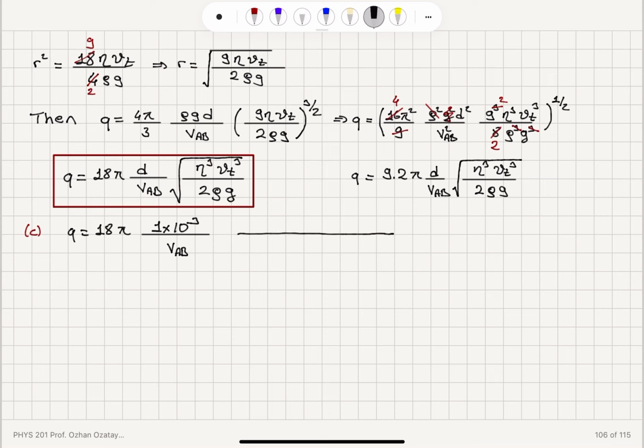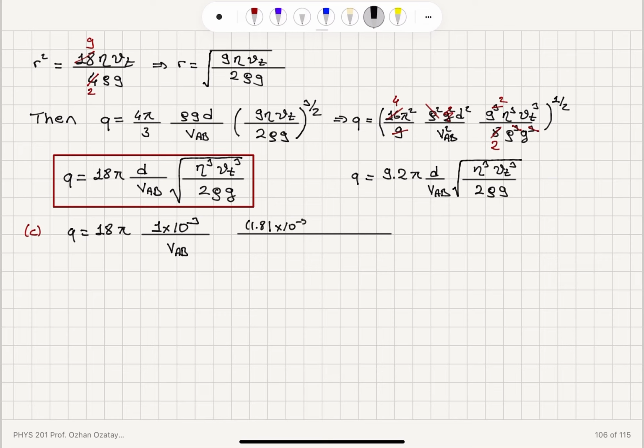And we have eta cubed, which is the viscosity of air, 1.81 × 10^-5 cubed, the terminal speed cubed, divided by 2 times the density of oil, 824 kilograms per meter cube, and 9.8 meters per second square gravitational acceleration, and this part is inside the square root.